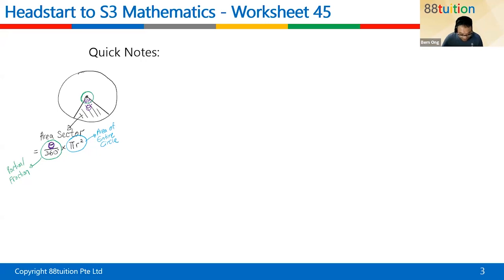So that is called the area of a sector, which is a Sec 3 topic. But you should know this because you've done this in primary school. In primary school, they draw a circle and say this is 90 degrees, then ask you to find the area of this portion. You simply take pi r square, divide by 4.